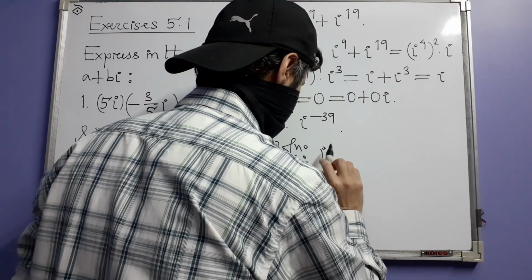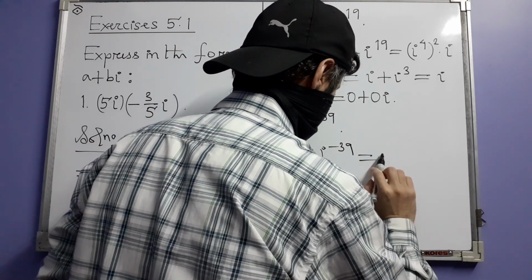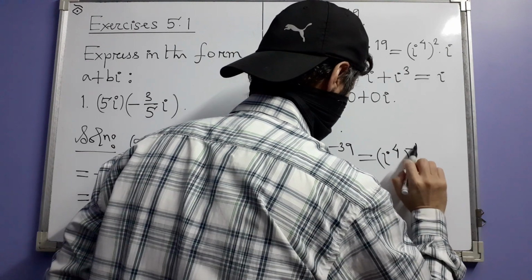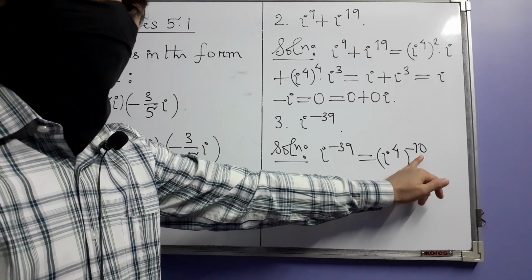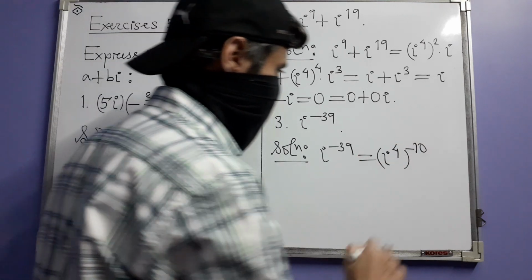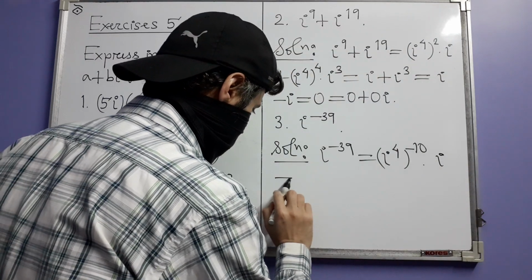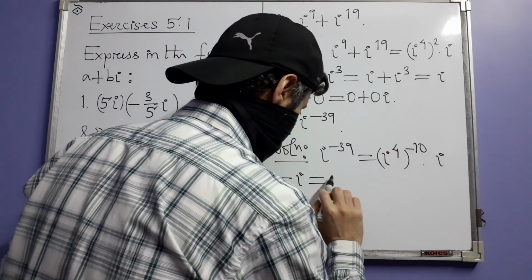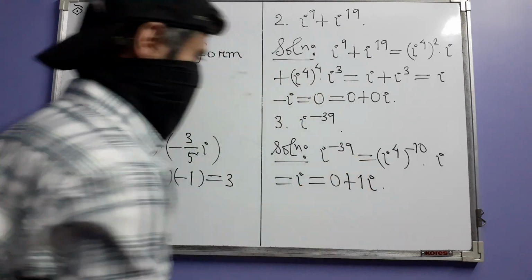So you can write i to the power minus 39 like this, minus 10. So this is i to the power minus 40, plus 1, minus 40 plus 1 is minus 39, so times i. So this is just i, and so expressed in that form this becomes 0 plus 1i.